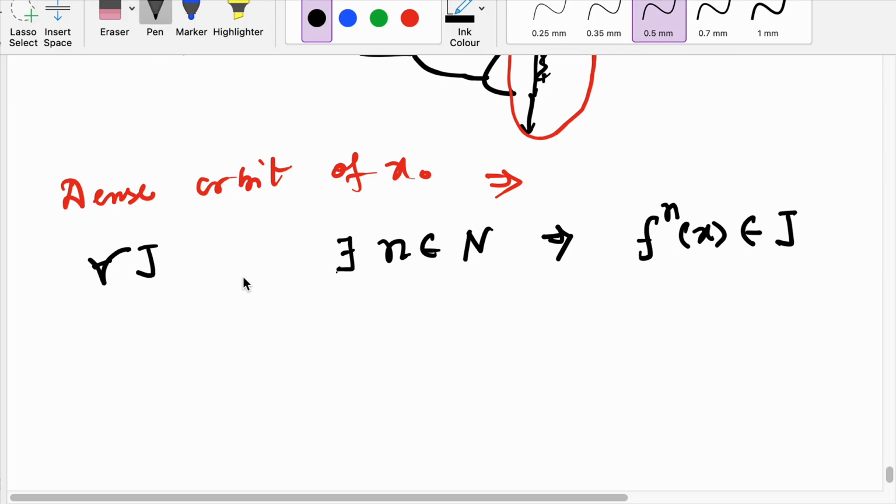It does not require the interval to contain the point x0. So for every interval J, you will find an n such that after the nth iterate the point will be there in J.